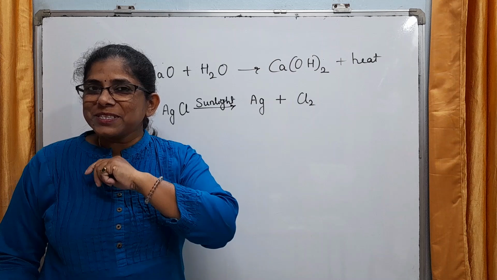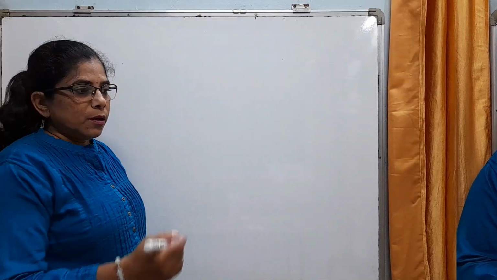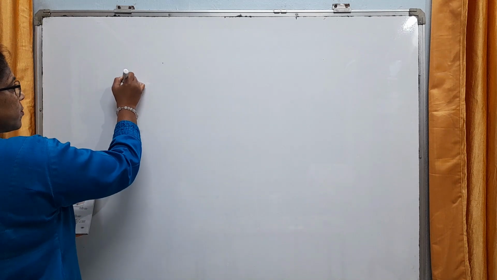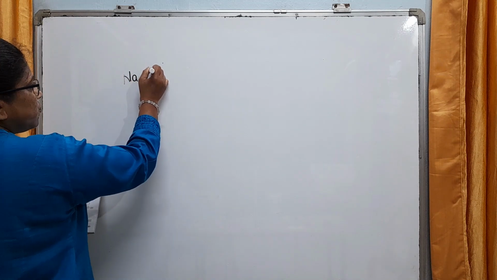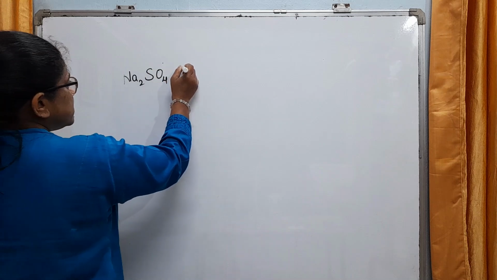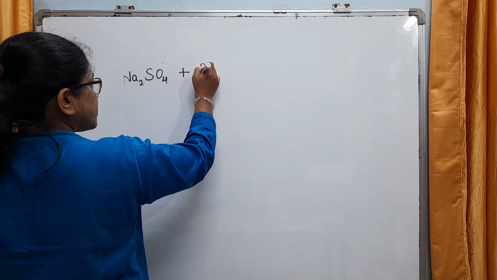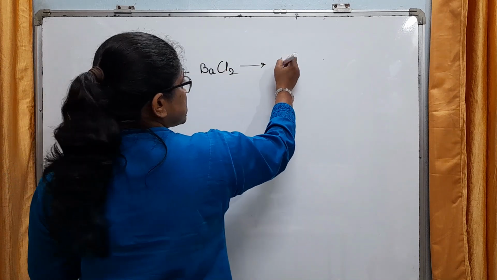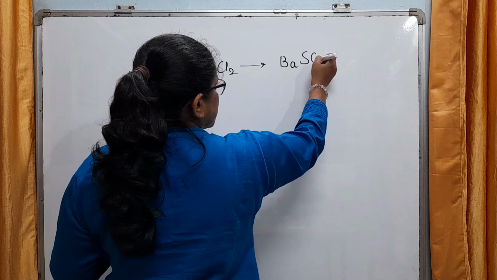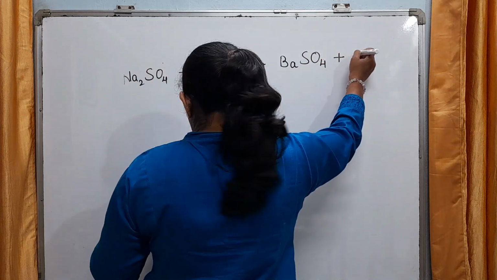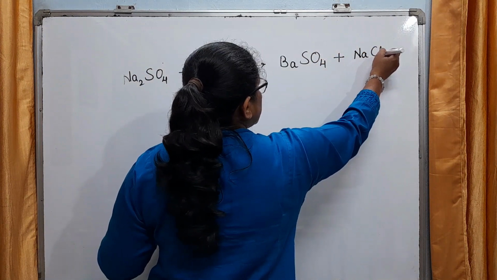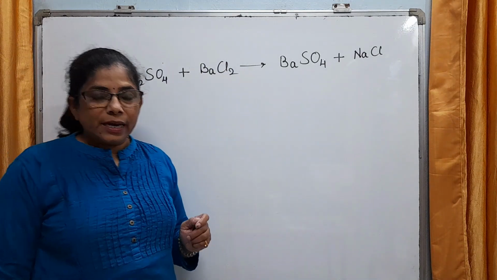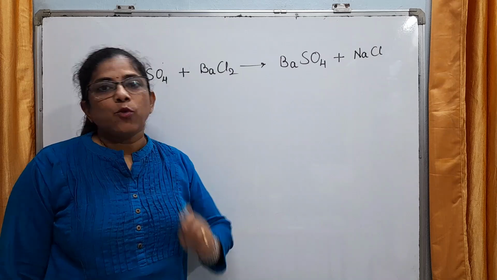Now one more interesting type of reaction. Now here one more reaction I will write again. See, here we saw this example for double decomposition, that is sodium sulfate plus barium chloride. It forms barium sulfate and sodium chloride. Actually in this reaction we get the precipitate formation.